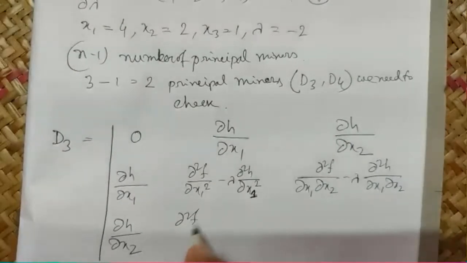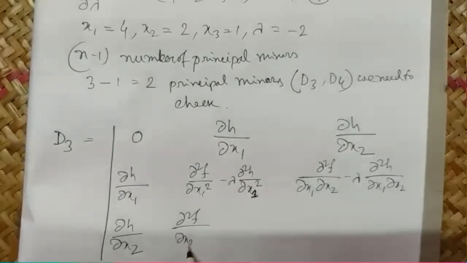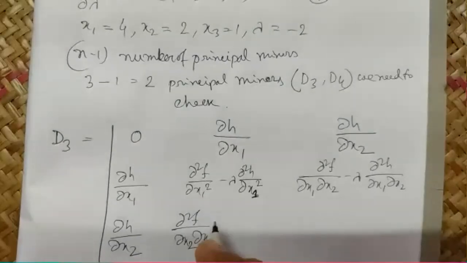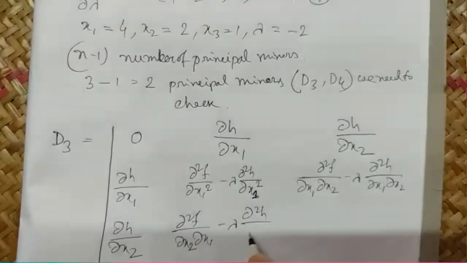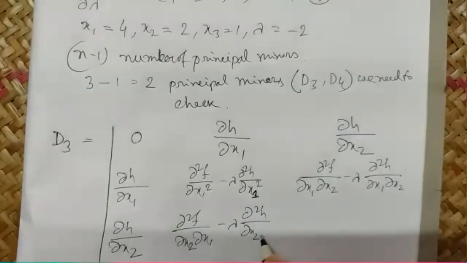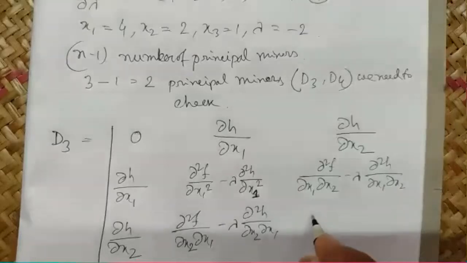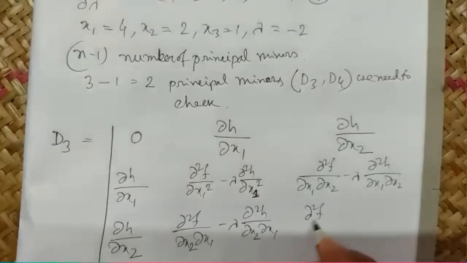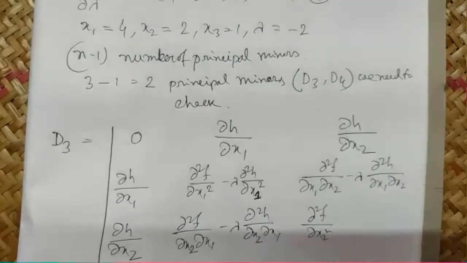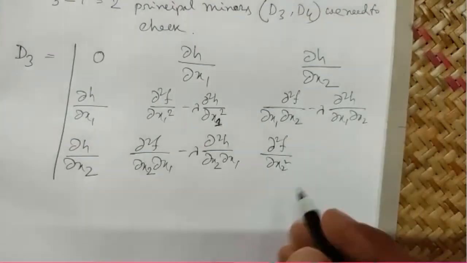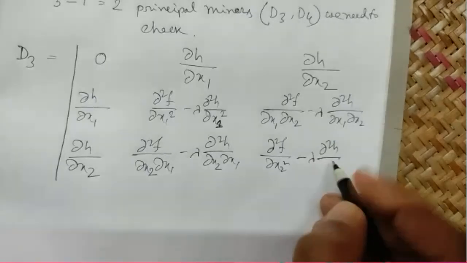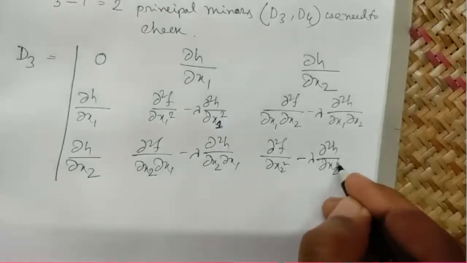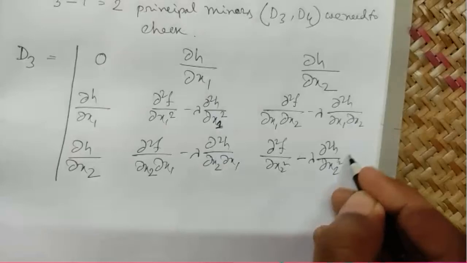Here del 2f del x2 del x1 minus lambda into del 2h del x2 del x1, and del 2f del x2 square minus lambda del 2h del x2 square. Okay, so D3 means this is a 3 cross 3 matrix.